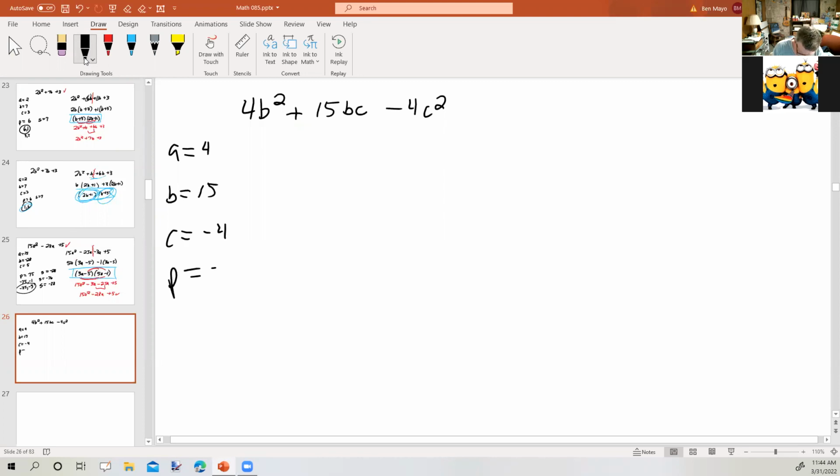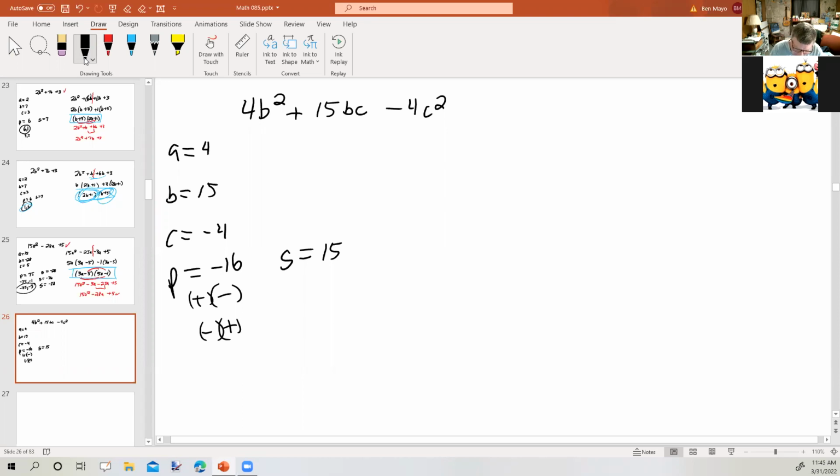The product is a times c, which is negative 16, and the sum is 15. All right. Now, the product is negative. So that means we have to have a positive and a negative, or a negative and a positive. So either that or that. But when we add those two numbers together, it comes out positive.